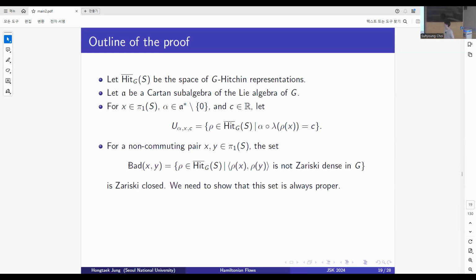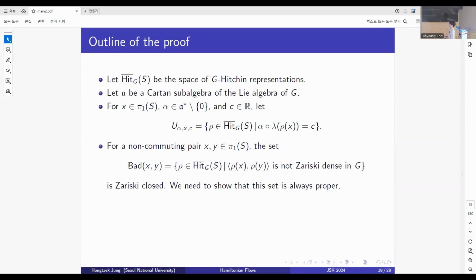And also, we consider the set of bad representations with respect to x and y, the set of all G-Hitchin representations rho, where rho of x and rho of y generate a non-Zariski dense subgroup. So this is a bad set that we want to avoid. And it's actually known that this set is Zariski closed.